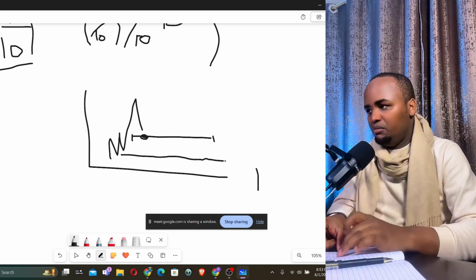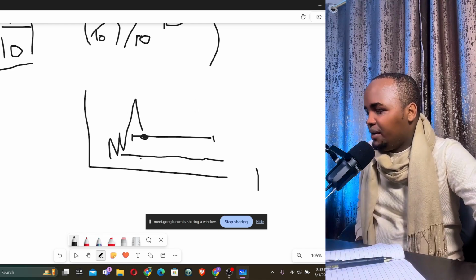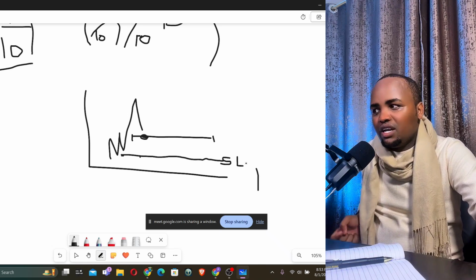So that is very important. Identify this level that we have done here, which is the stop loss zone around this area. You've known how many points the market can go there.